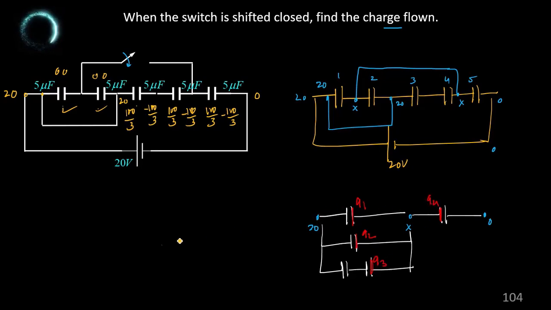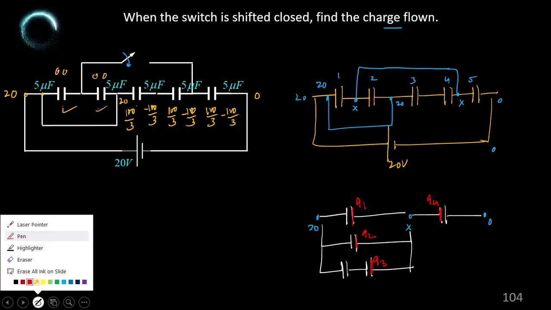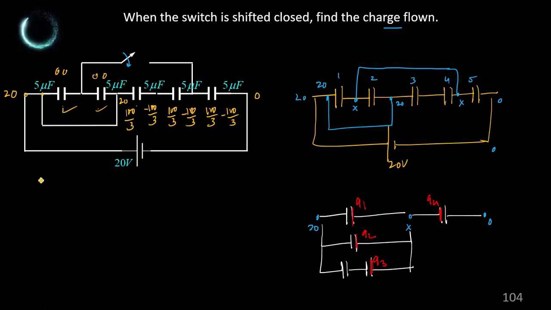So can I write Q1 plus Q2 plus Q3 plus Q4 equals 0? Yes, I can write that. Now what is Q1? Q1 is basically 5 into X minus 20.